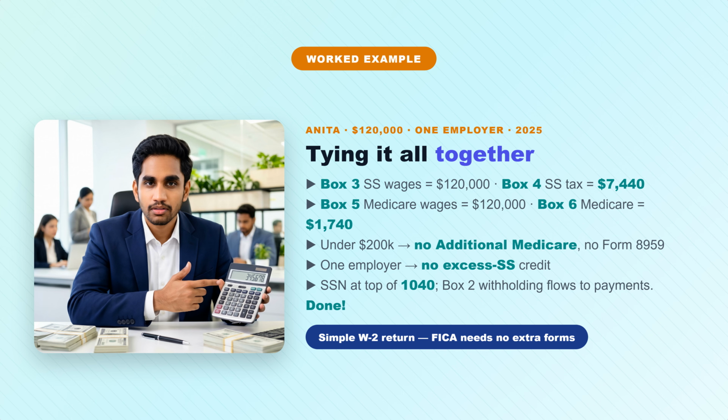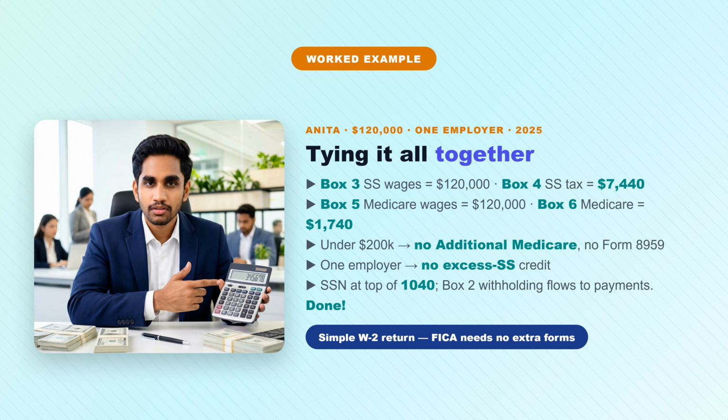Let's tie it all together with one clean example. Anita earns $120,000. One employer, 2025. Her W-2 shows Box 3 Social Security wages of $120,000 and Box 4 Social Security tax of $7,440. Box 5 Medicare wages of $120,000 and Box 6 Medicare of $1,740.